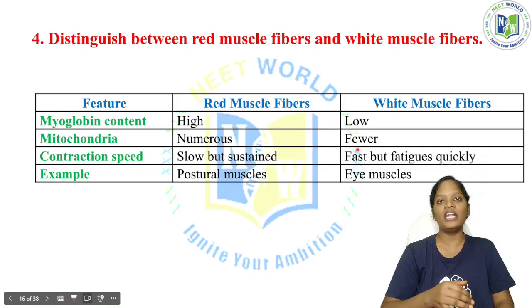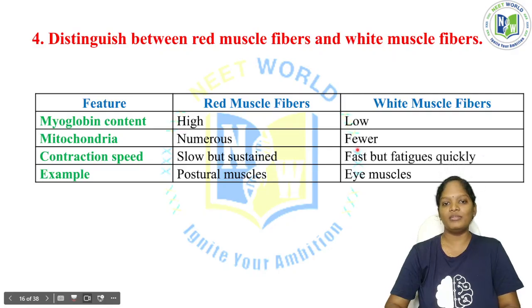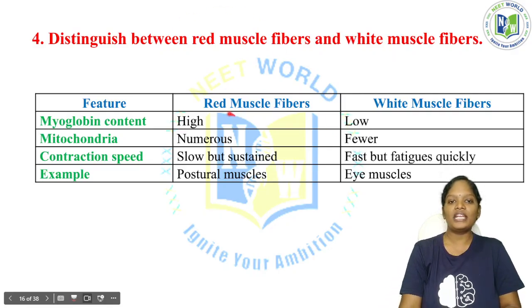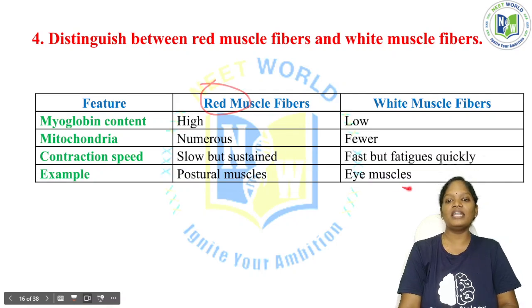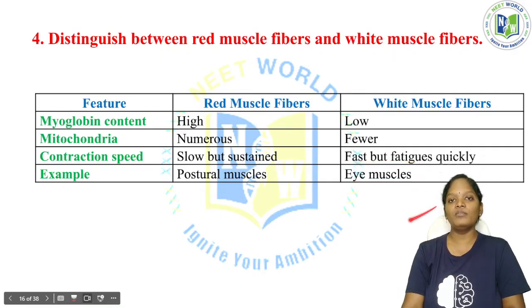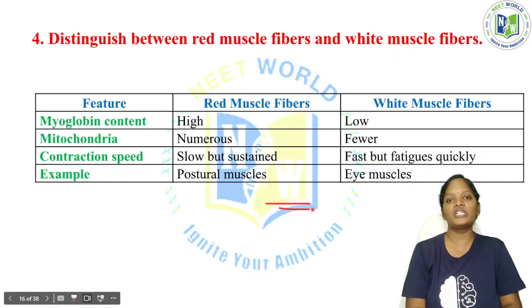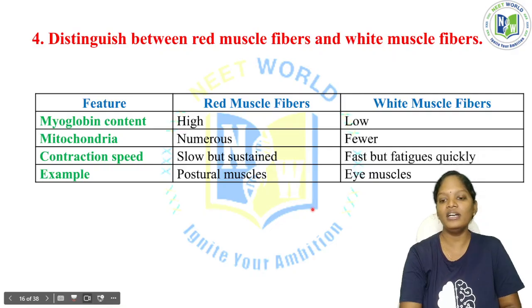It is not as steady as the red muscle fibers. Okay, and the example for the red muscle fibers will be postural muscles. Our posture will be determined by the red muscle fibers, and our eye muscles have the white muscle fibers. So this will be the difference between the red muscle fiber and the white muscle fiber.